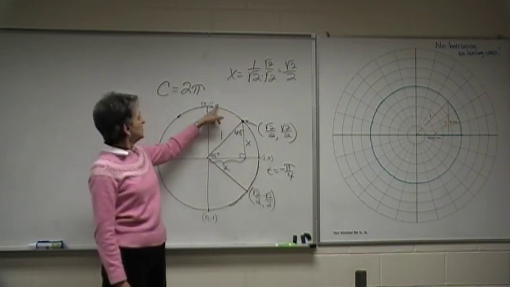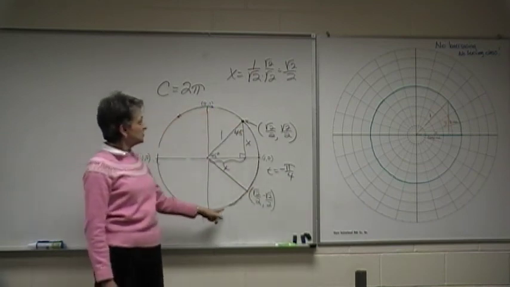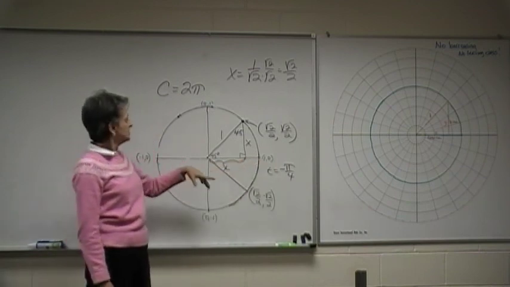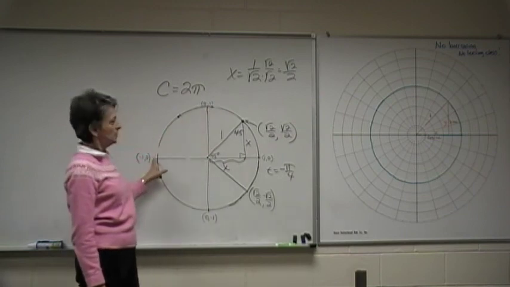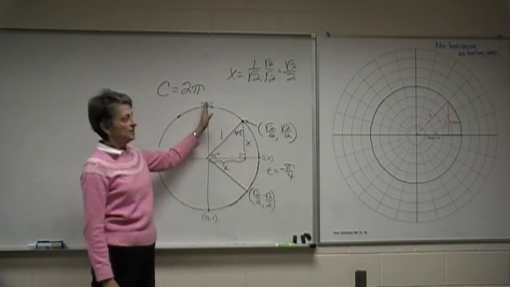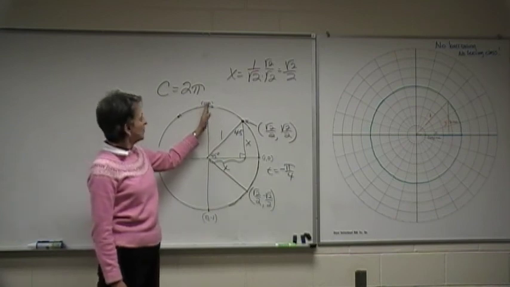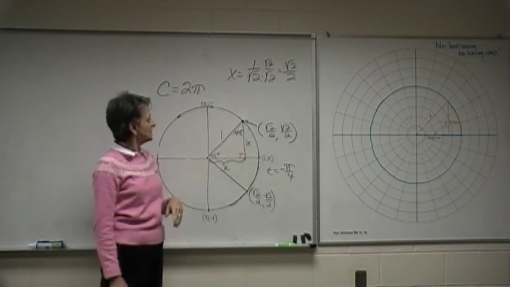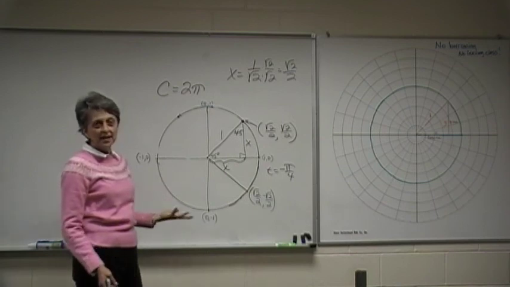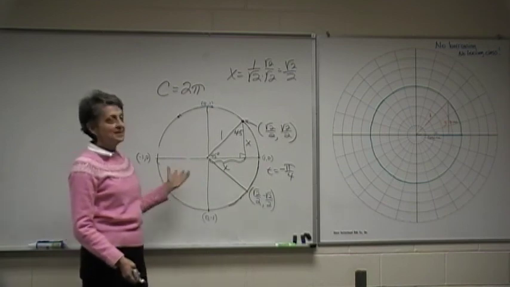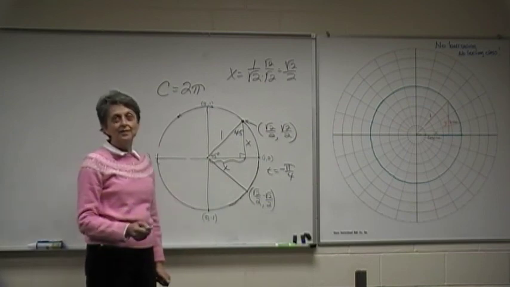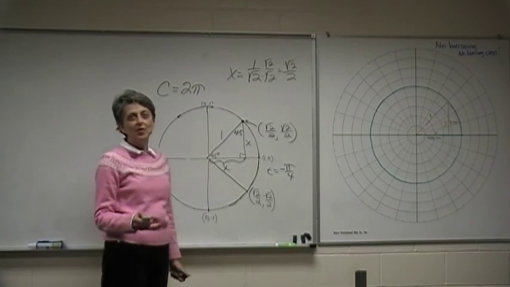A whole circle would be traveling 2 pi units. Pi units would be just half the circle. Pi over 2 would be 1/4 of the circle. And pi over 4 is actually 1/8 of our circle. We can find points using pi as a distance. We can find points using numbers other than pi. The pi just seems to be more convenient.